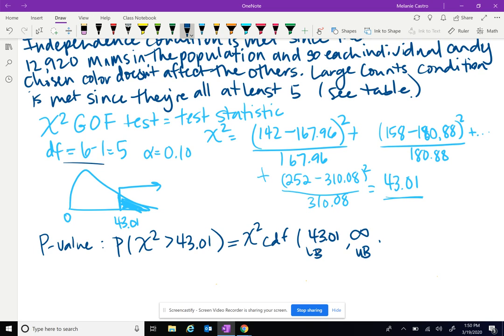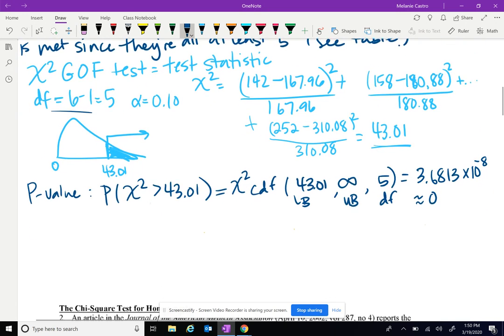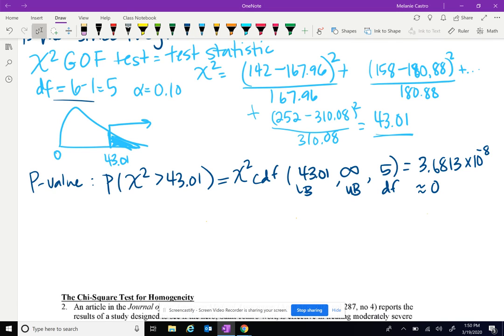Your upper bound would be infinity, and then it'll ask you for the degrees of freedom. If you did the test in your calculator, you get a 3.6813 times 10 to the negative 8 value, which is about 0 if you're using the table. That p-value is very low, so then it comes to our conclusion.